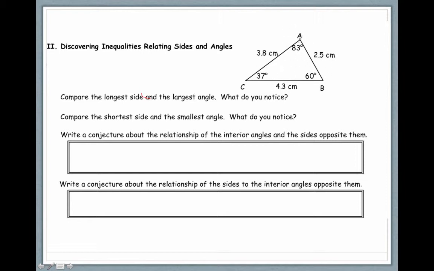If I open up a wider angle, I get a longer side. If I open up this one, the side gets longer. So the bigger I make an angle, the bigger the side opposite it. So the interior angles and the sides opposite them match: the largest one's the largest one, the middle one's the middle one, the smallest one's the smallest one, and so forth.